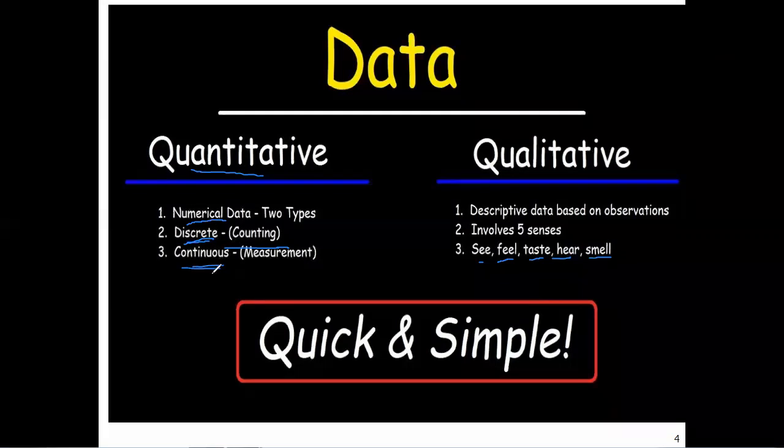Whenever the word discrete or continuous comes, understand that the data is numerical data. And what about qualitative data? The characteristics data, or sometimes the title is given as characterized data. Characterized data means some characteristics of that data. So I hope everyone is clear on this part here.